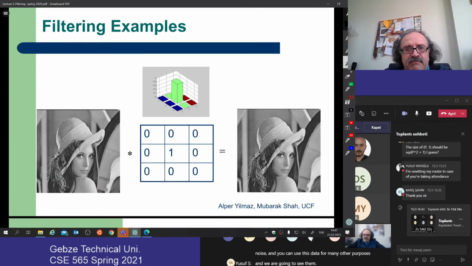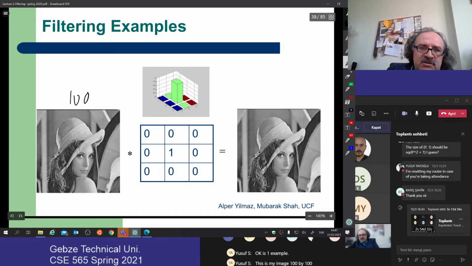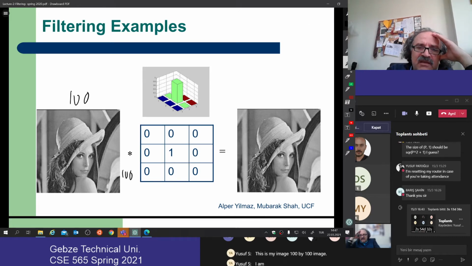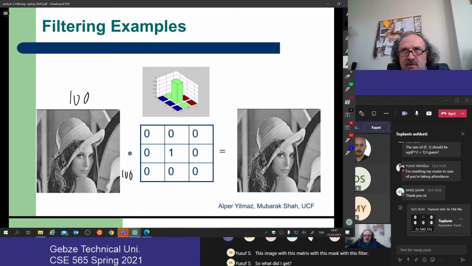Okay, here's one example. This is my image, 100 by 100 image. I am convolving this image with this matrix, with this mask, with this filter. So what did I get? Same image. It is exactly the same image. Why?